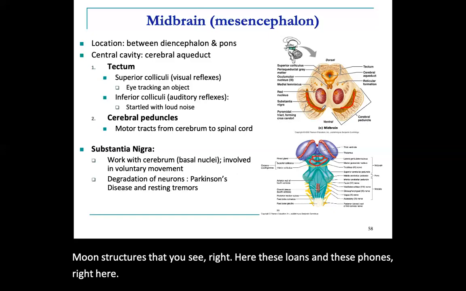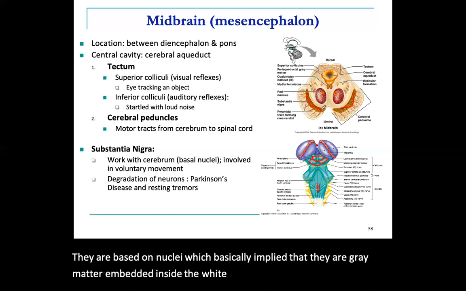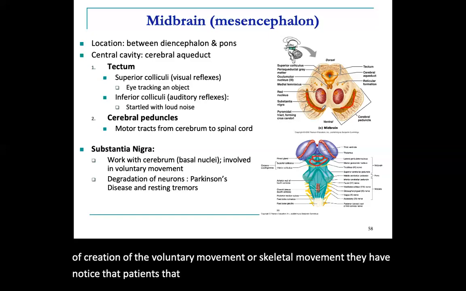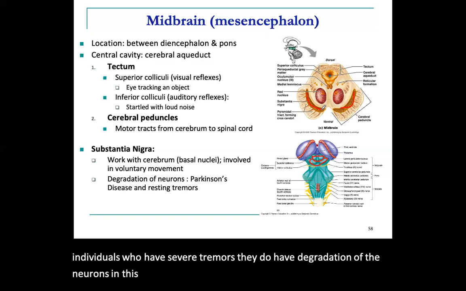They are basal nuclei, which basically implies that they are gray matter embedded inside the white matter. And they're involved in the creation of voluntary movement or skeletal movement. It has been noticed that patients that have Parkinson's disease, those individuals who have severe tremors, do have degradation of the neurons in this specific part of the midbrain.